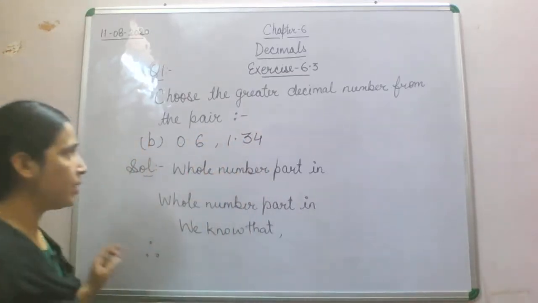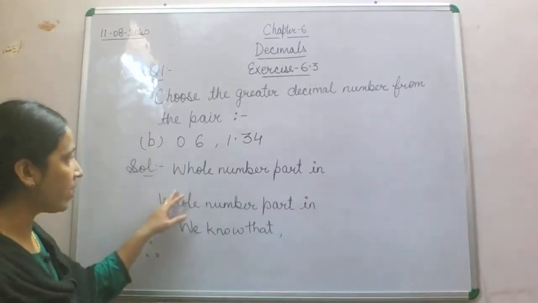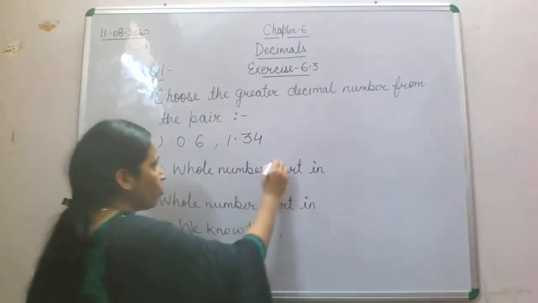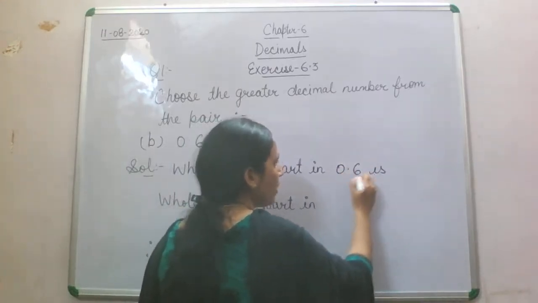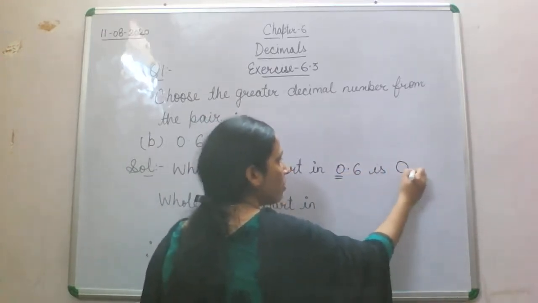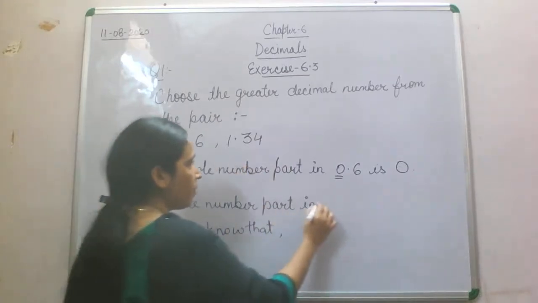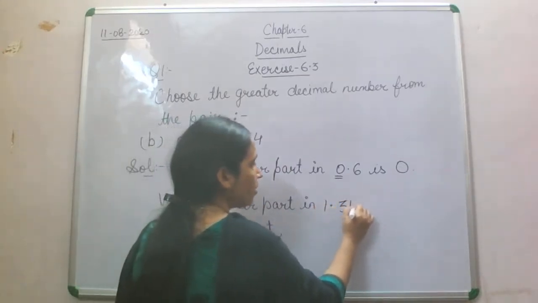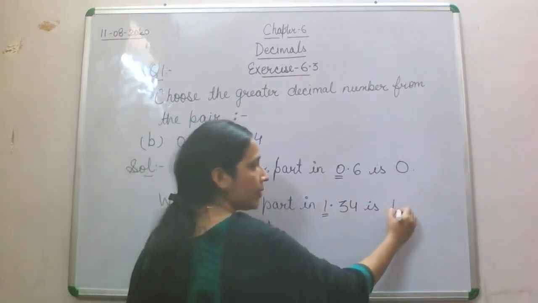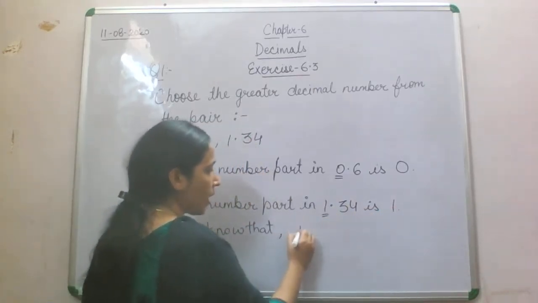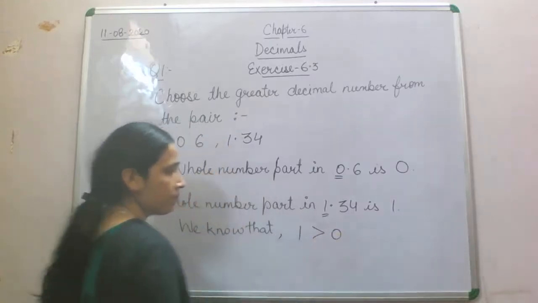As you can see, two decimal numbers. Now we'll find the whole number part in 0.6. What is the whole number part? That is 0. And in the other number, the whole number part in 1.34 is 1. So we know that 1 is greater than 0. Therefore what?